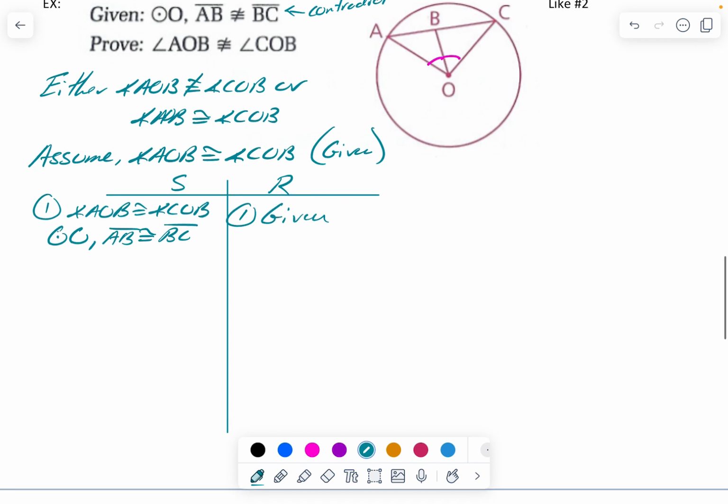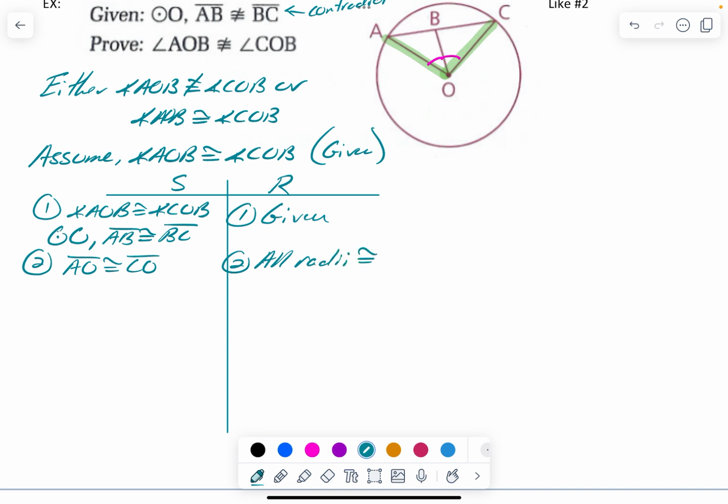Okay, so this is a circle, and things we look for in circles are these radii, right? So we know that OC is congruent to OA because they're both radii. So we can say that. We can say AO congruent to CO, and that's all radii congruent.